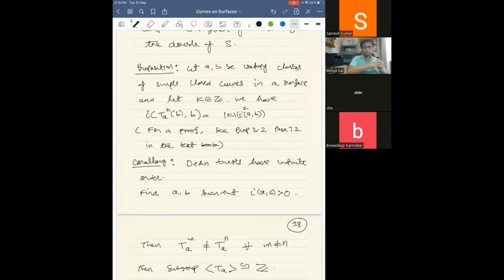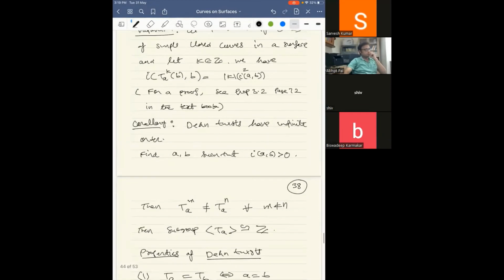For the proof, you can refer to the book. I am not supplying the details, but we will use this argument to conclude, for example, that Dehn twists have infinite order, and other results. So you can see this at least for the case of k equal to 1. So what happens, right? And justify it.